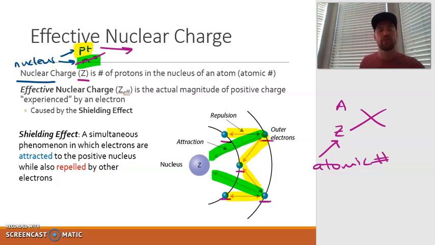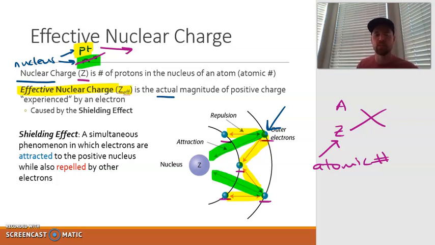Instead, they're feeling what we refer to as the effective nuclear charge, which has the symbol Z sub eff. It's defined as the actual magnitude of positive charge experienced by an electron. In other words, these outer electrons don't feel the full nuclear charge. They feel the effective nuclear charge, which is something lower.